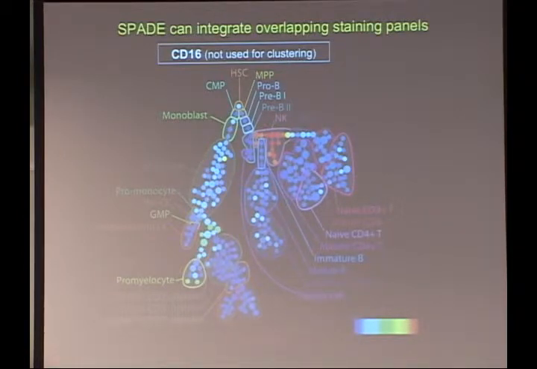We didn't have CD56 or CD16, but we did have a unique combination of CD45, CD38, and CD45RA, which in combination with all the other things that there's negative for, just happened to be very specific in terms of picking out these nodes, which then when we overlay the information for CD16, which was not used for clustering, we see a very tight expression pattern of CD16 on these nodes.